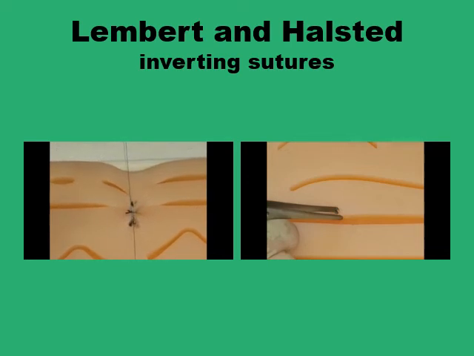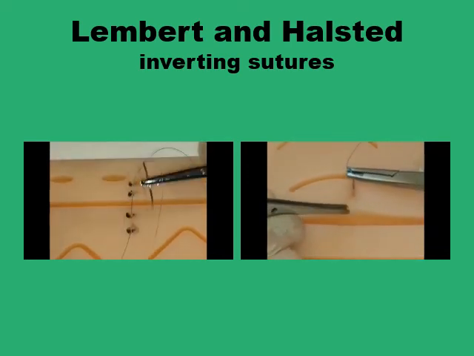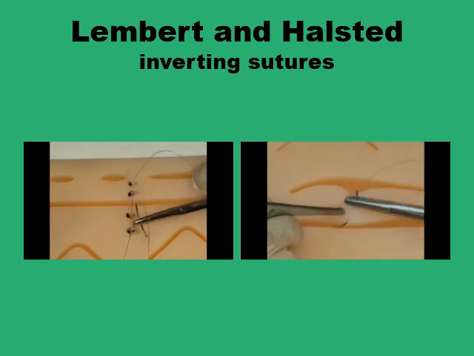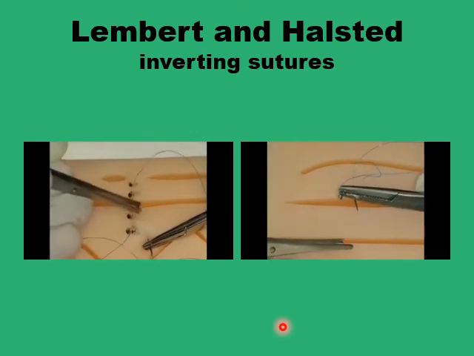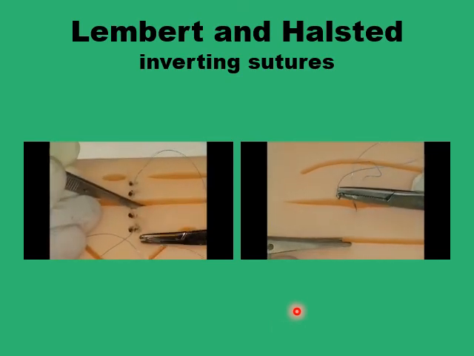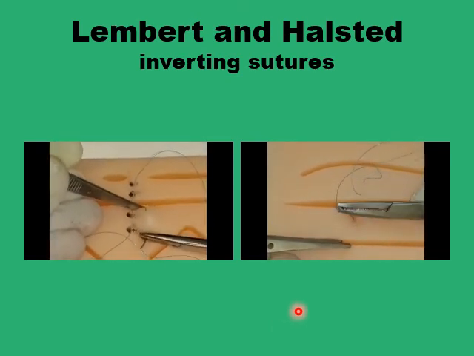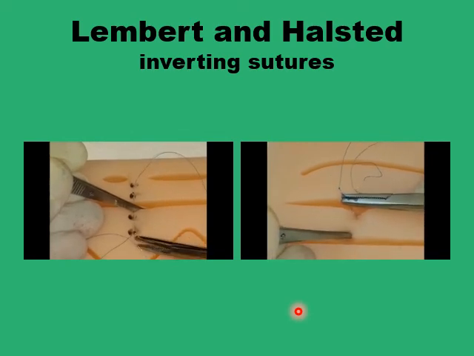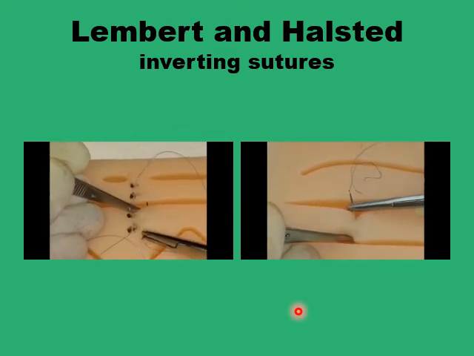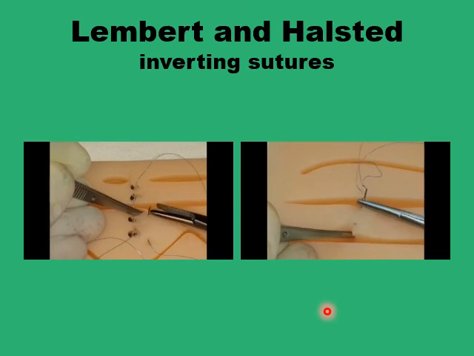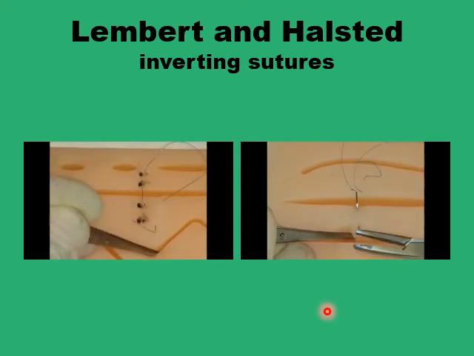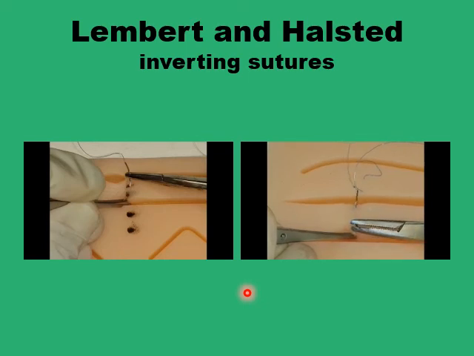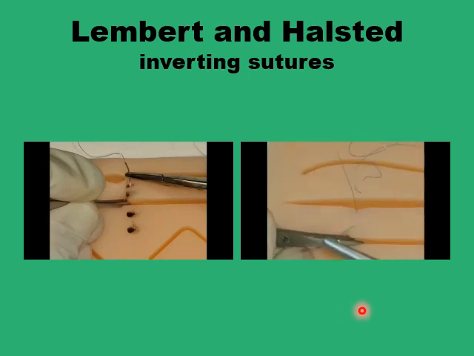And the other suture, the Halsted, you start with the same. You start by doing the usual Lembert, the near to the far, and now you don't tie it.